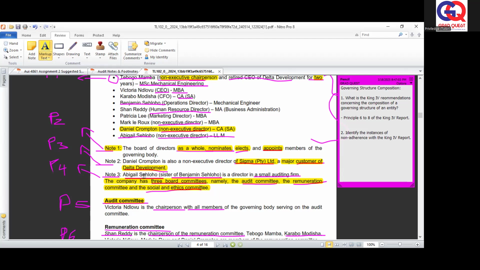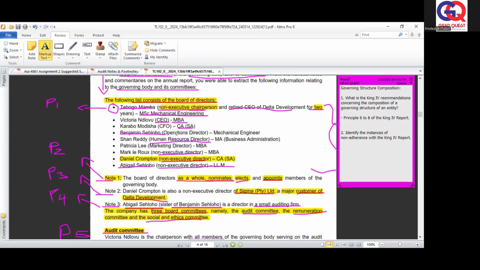And then a similar story with regards to Abigail. Both of them will not be independent. Why? Because they are related parties in terms of brother and sister relations. So they would not be independent directors, as much as they are non-executive. Because Abigail is a non-executive director. Benjamin, however, is actually an executive.